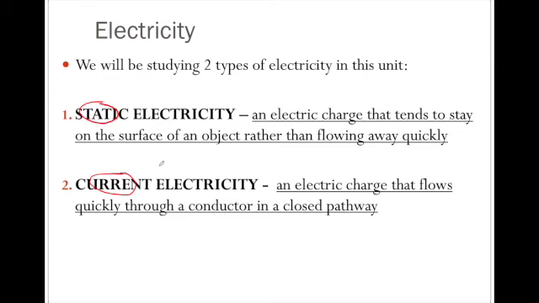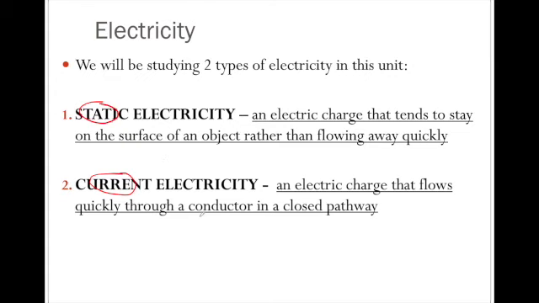are not moving. So static electricity is the form of electricity where electric charge has been built up and the charge can't move. We contrast that with current electricity. That is an electric charge that flows quickly through a conductor in a closed pathway.